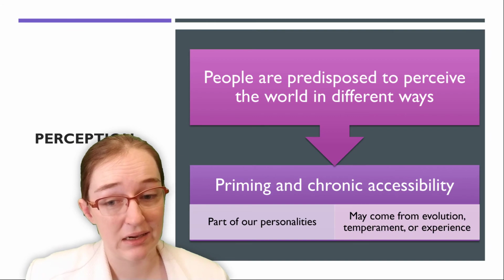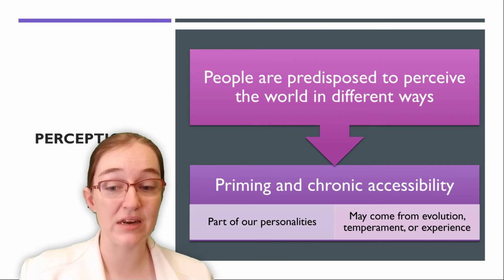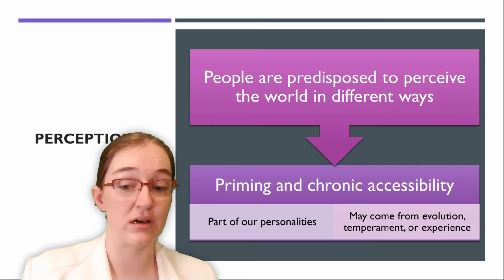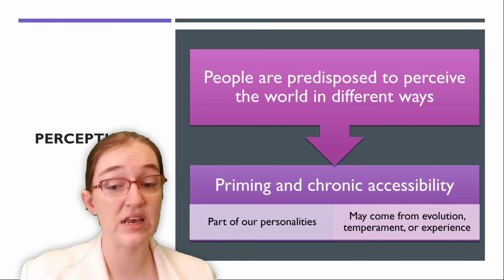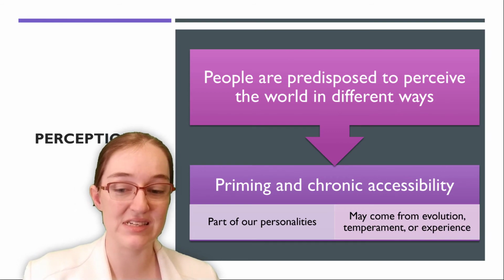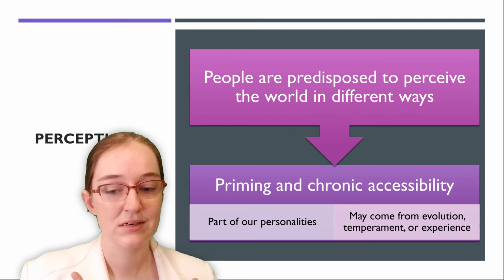But let's talk about priming and chronic accessibility. So priming is the activation of a concept or idea by repeatedly or recently perceiving it or thinking about it. This tends to affect the speed at which concepts come to mind and help explain differences in perception. Now, what do I mean by this?